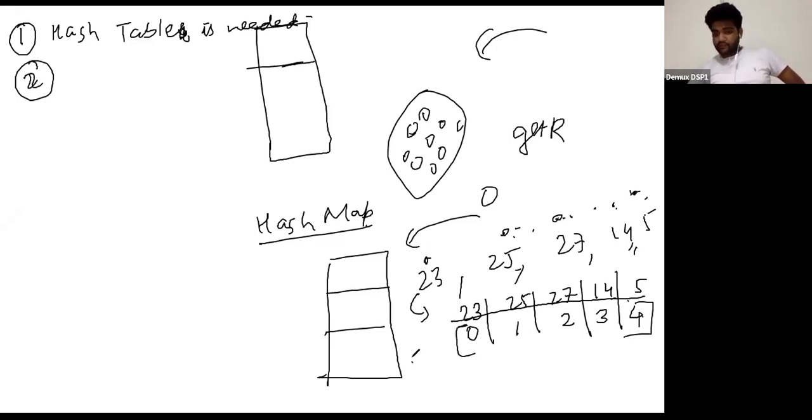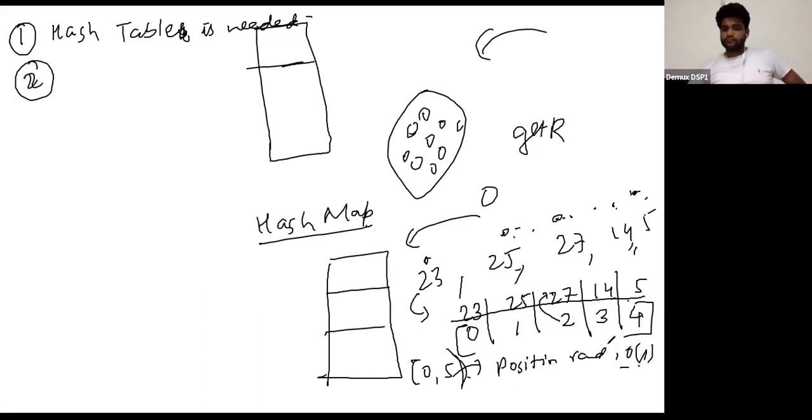So now you have positions from 0 to 5, 5 is open. So now what you can do is you can pick a position randomly, right? And then return the corresponding element. So picking a position randomly from a range is order 1. Correct? Do you understand this part?